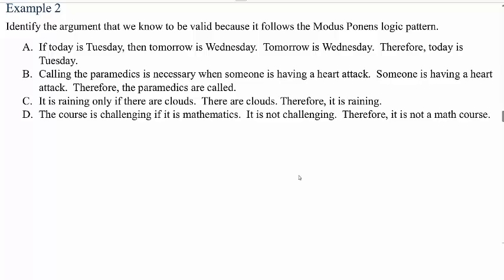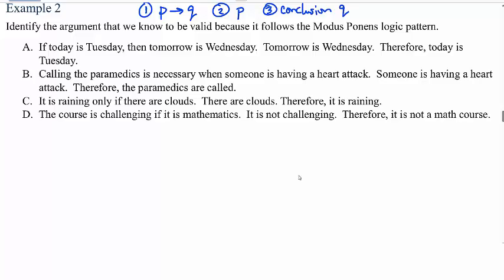So let's try to identify the logic patterns. Remember, we are looking for a certain pattern, which is that the first statement has got to be in the form if P then Q. And then the second statement has to confirm that P happens. And then the third statement is the conclusion. And so it says, therefore, Q happens.